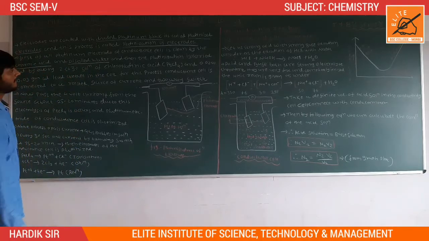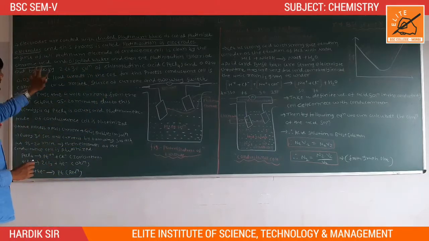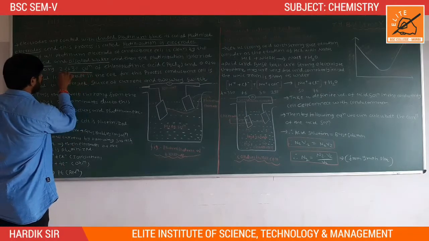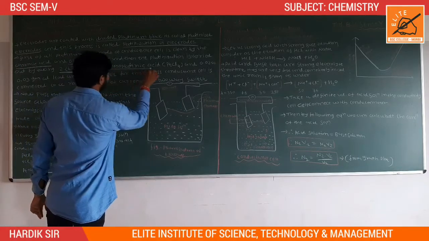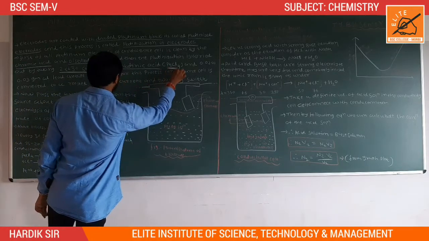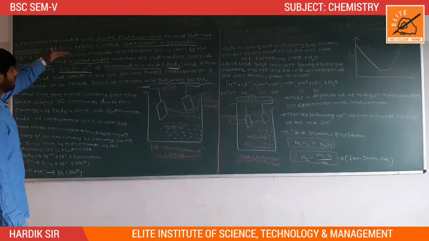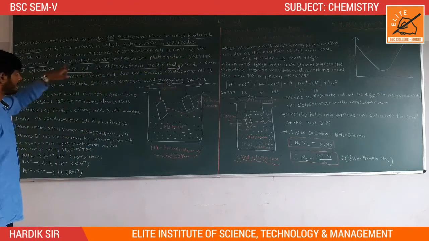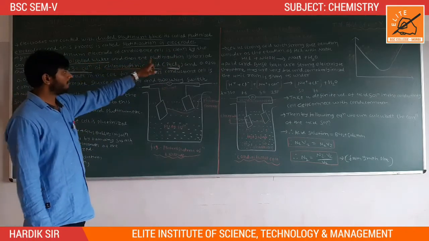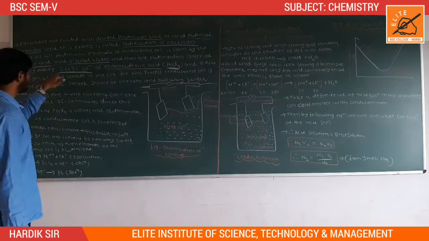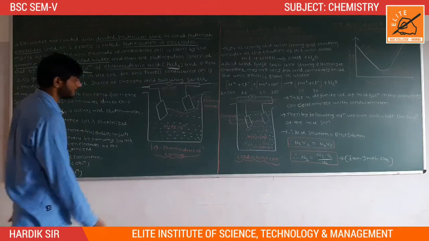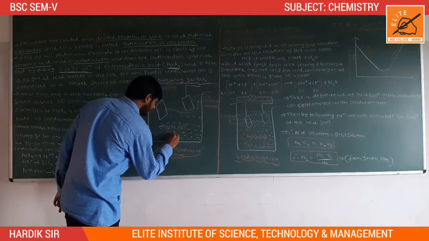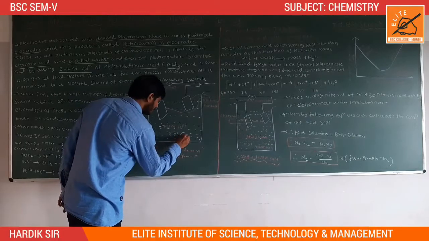Then the platinization is carried out by taking a 2 to 3% solution of chloroplatinic acid, that is PtCl4. This is the chloroplatinic acid, and the concentration is 2 to 3%.